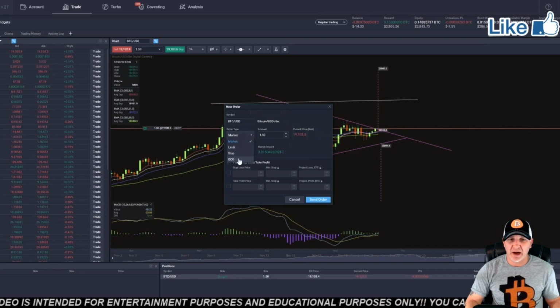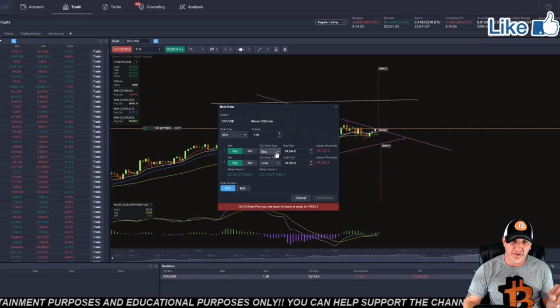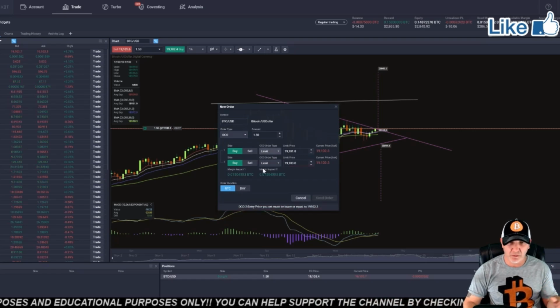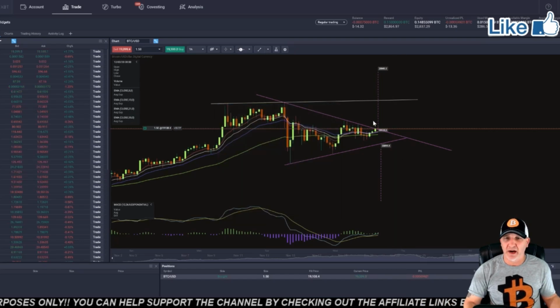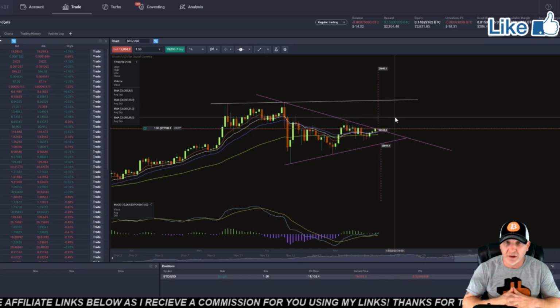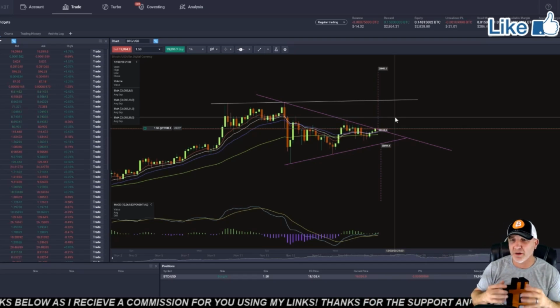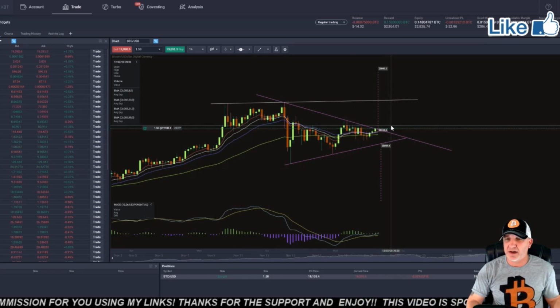And then we have down here the OCO, and these can be all different too. You can make them all limit. You can make one stop, one a limit. What that stands for is one cancels other. So how that works is, let's say you were going to play this triangle. You were going to play the break of the triangle and go long up here at 19.2.